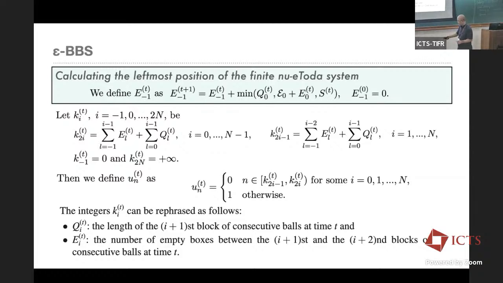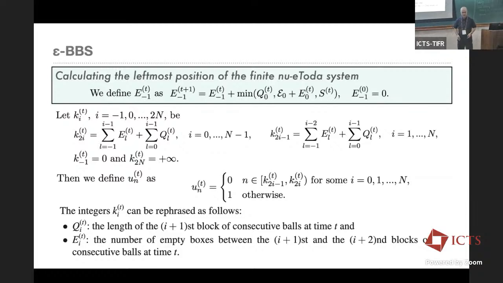The previous E and Q are all positive integers, so in order to transform into a binary sequence, we introduce this type of transformation.